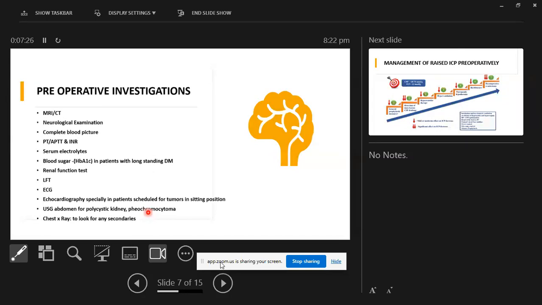In pre-operative investigations that we do for supratentorial tumors, mainly our aim is to assess the tumors, their characteristics, and to know the surgical planning, how to operate these tumors. And definitely, we need to ensure patient safety. So these investigations include CT, MRI evaluation.